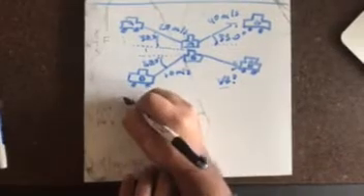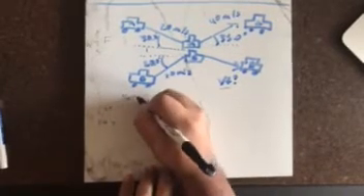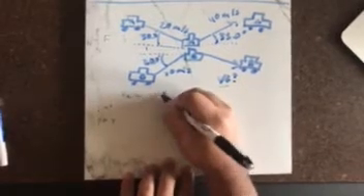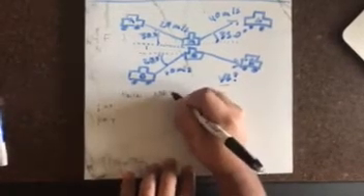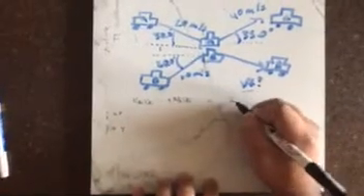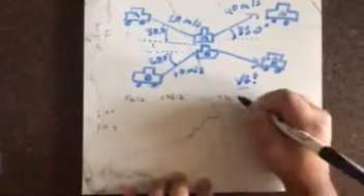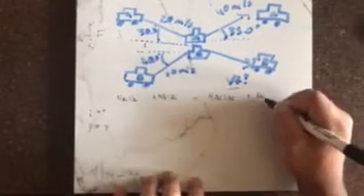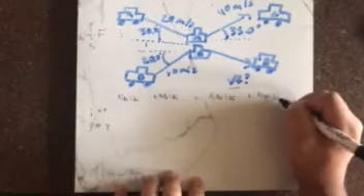And so we have the original equation, MAI times VAI plus MBI times VBI equals MAF times VAF plus MBF times VBF.